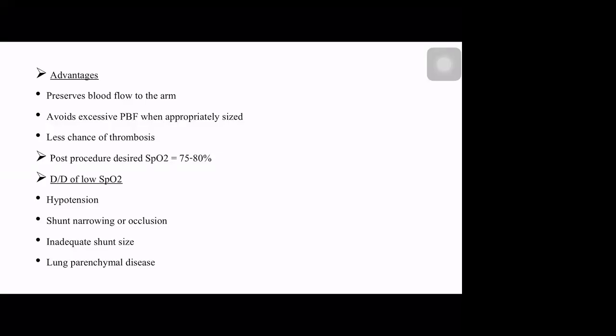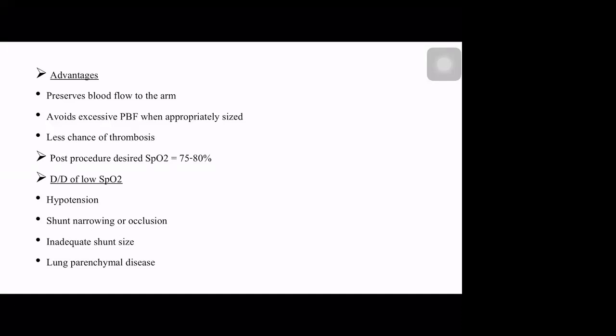There is less chance of thrombosis if again an adequate size of the shunt is chosen. Now, the post-procedure desired SpO2 is 75 to 80%. Do not keep your goal of SpO2 more than 80%.